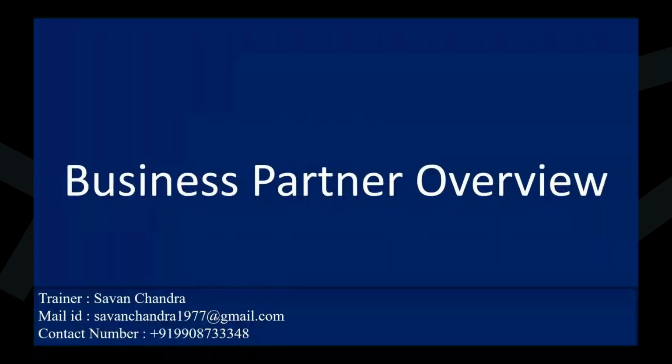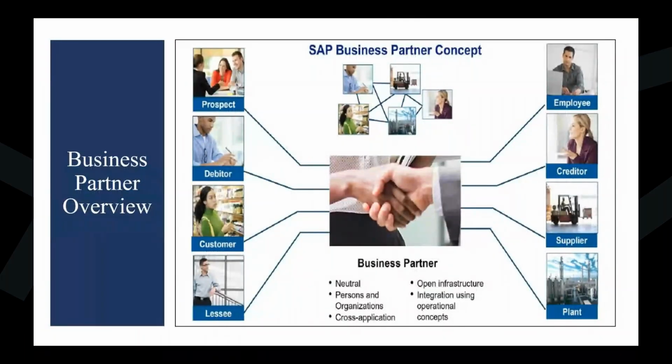First we'll start with the business partner overview. We will understand what a business partner is. A business partner can be anything. A typical organization, like a manufacturing organization or any organization, has to deal with a lot of people or a lot of organizations.